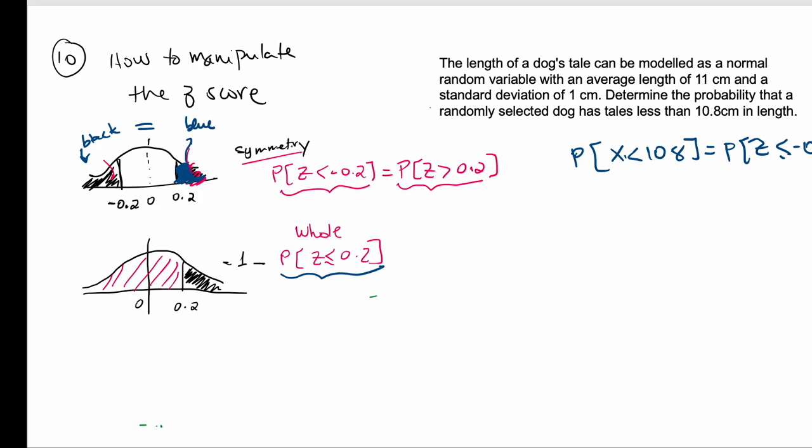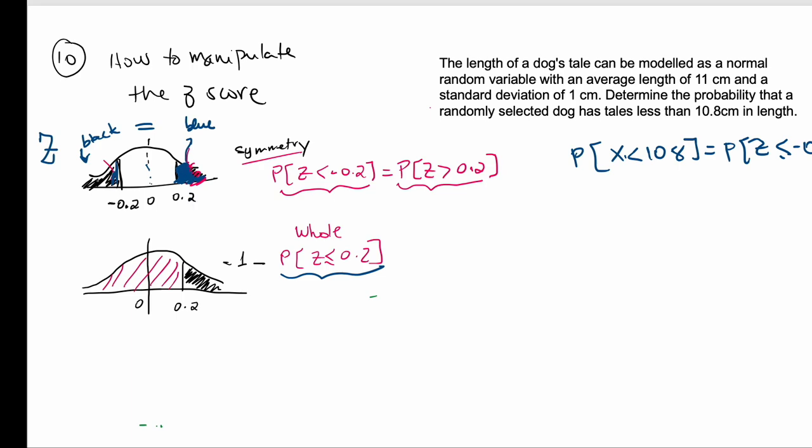First property is the symmetry property. You can see here that the area under the curve of a z, so now this is the z, right? So you can see it's centered in 0. The black curve is the one that I want. It's the probability of z being less than minus 0.2. But because the bell shape is symmetric, I could also say that my area under the curve of a z being more than 0.2 is the same.